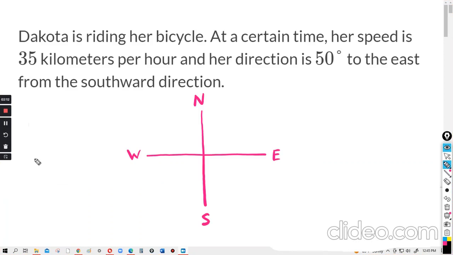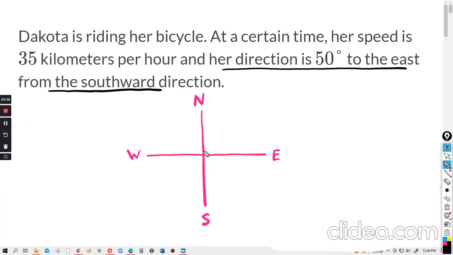So before we go to our multiple choices, I would like to do a rough sketch of the vector. Here I drew a graph with the directions labeled north, south, east, west. It says her direction is 50 degrees to the east from the southward direction.